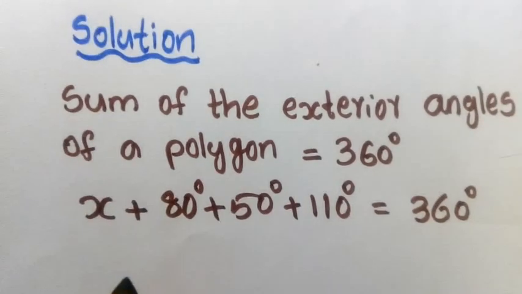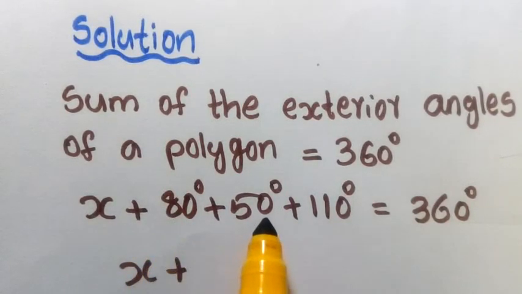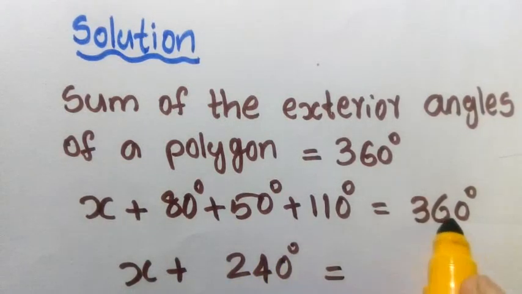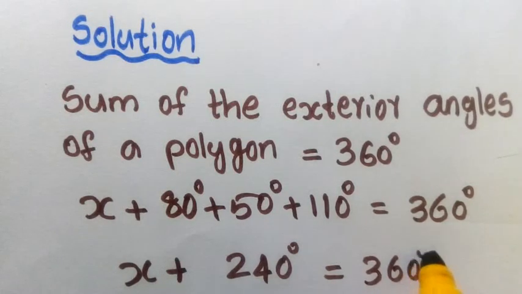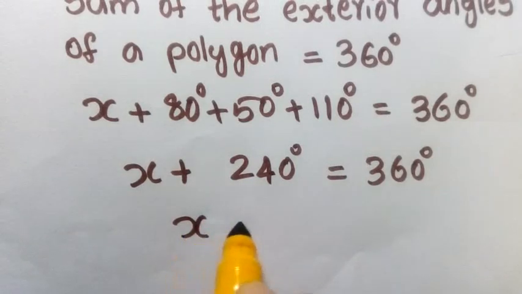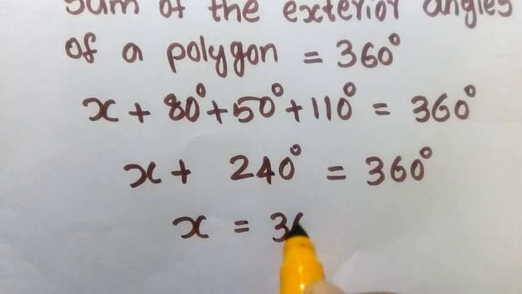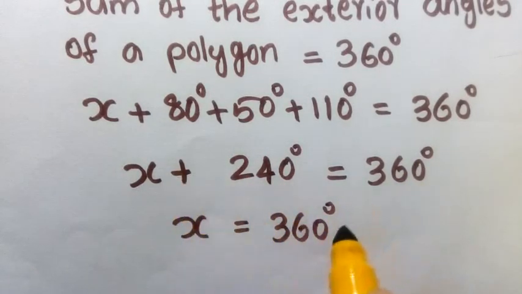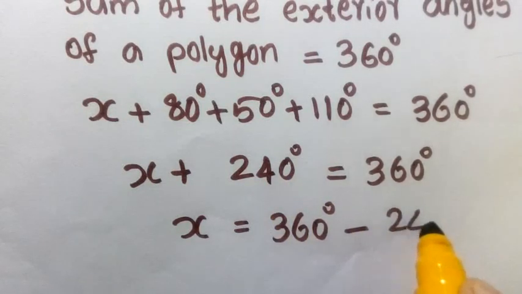Next step, 80 plus 50 plus 110 is 240 degrees, so x plus 240 degrees is equal to 360 degrees. From this, x is equal to 360 degrees minus 240 degrees.